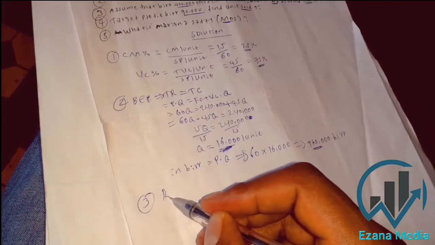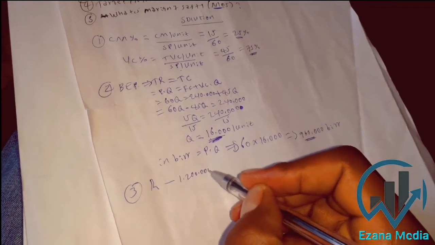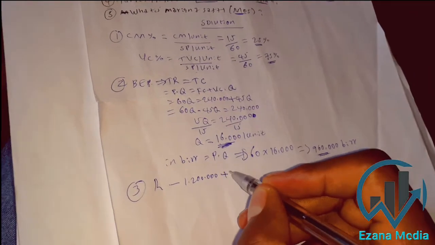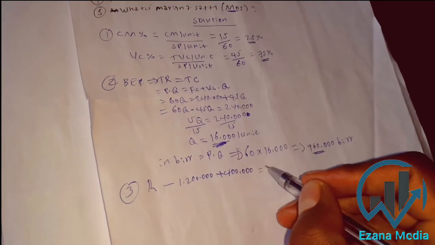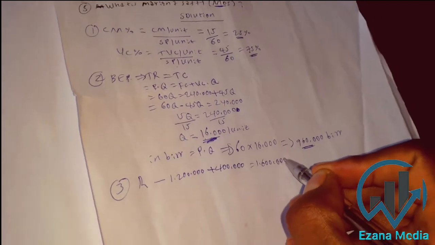So revenue is given as 1,200,000, and operating income, its profit, is 400,000, which gives 1,600,000.